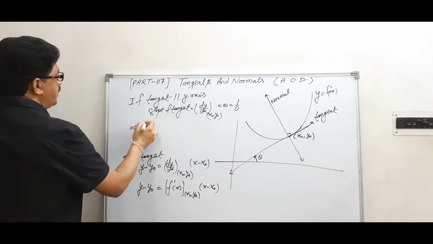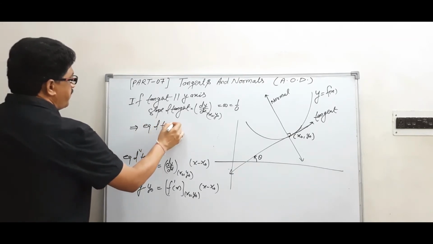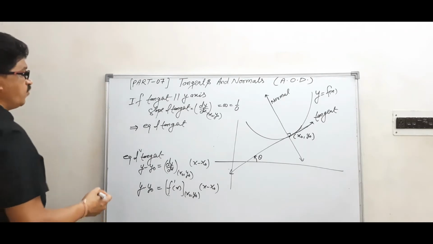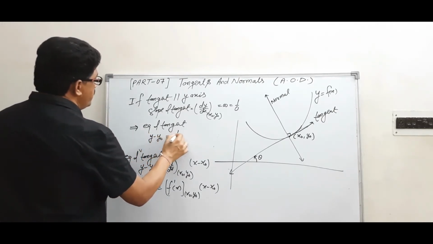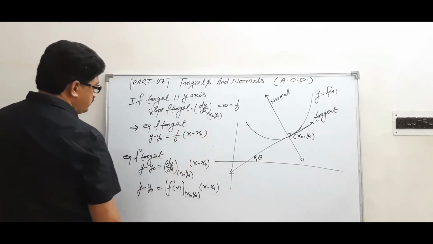And then equation of tangent y minus y0 is equals to 1 upon 0 times x minus x0.